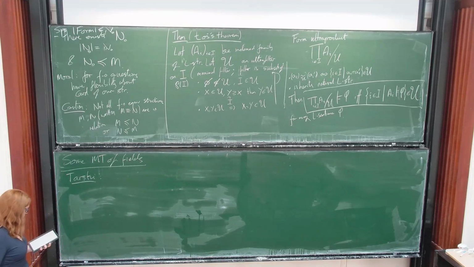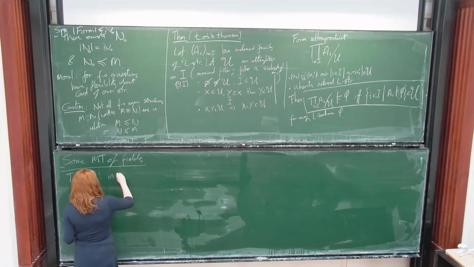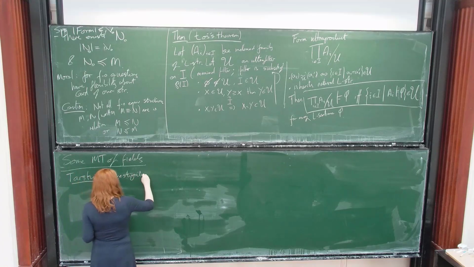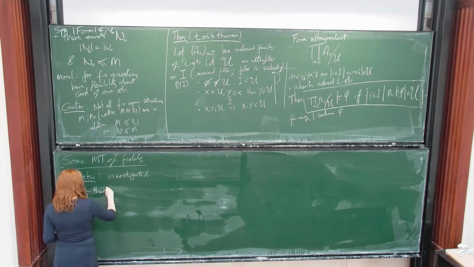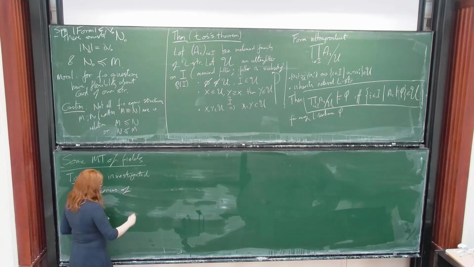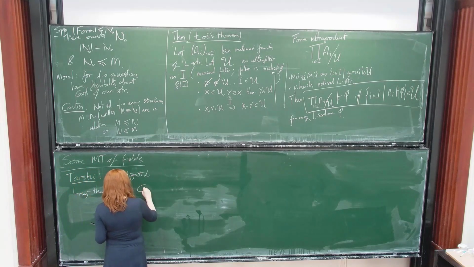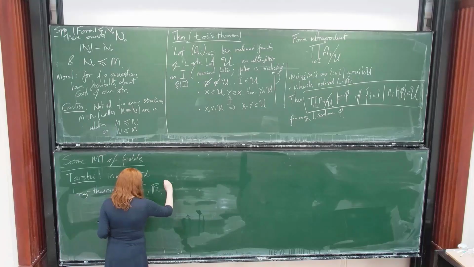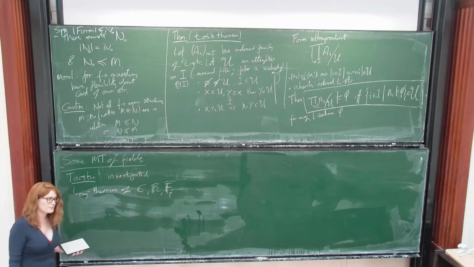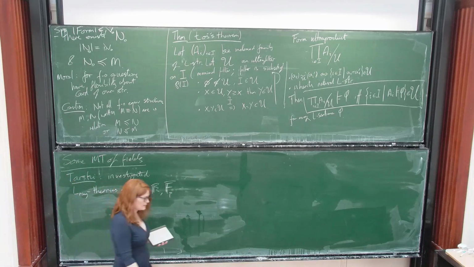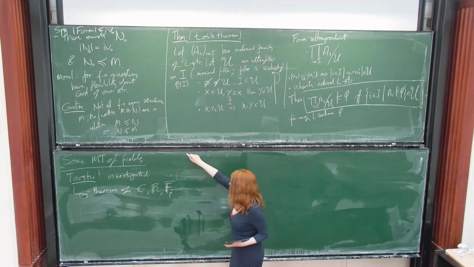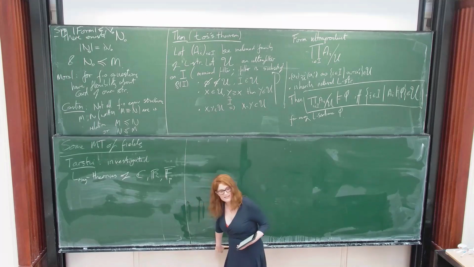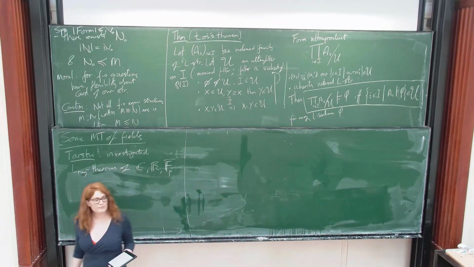Tarski investigated the L-ring theories of, he investigated many things, but let's say C, R, and F_p bar, by which I mean algebraic closure, and I'm going to tell you what they are. I might be being a little bit anachronistic. I don't know if Tarski really cared about F_p bar, did he? No idea.